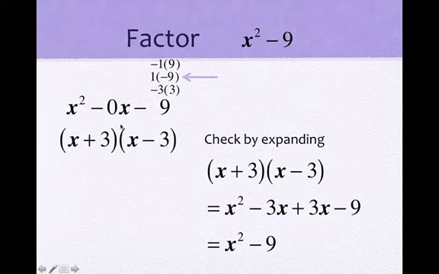And so when do we know that this works? Had this been like a negative 8, this wouldn't have worked out, because there wouldn't have been any factors of 8 that when you add them make 0. And in fact, the only ones that do work out is when this last number is a perfect square.